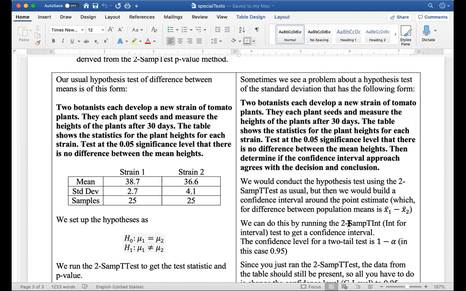Then if the assumed value of the parameter from H0 is inside the interval, then we will fail to reject H0.